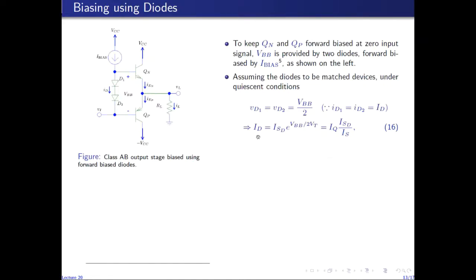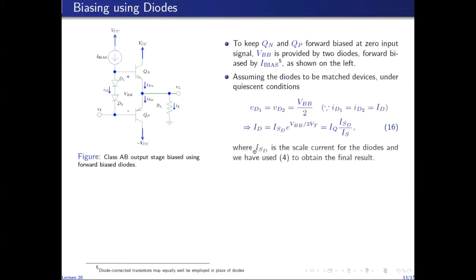So the diode current under quiescent conditions, which will be a constant, that is why I have denoted it with capital I, capital D, will be given by the usual exponential dependence on the forward bias voltage. Since the forward bias voltage is VBB by 2, it will be given by IST times exponential of VBB by 2 VT, where IST is the scale current for the diodes.